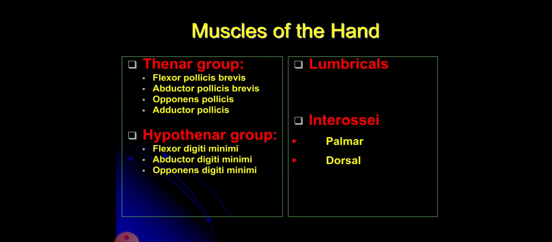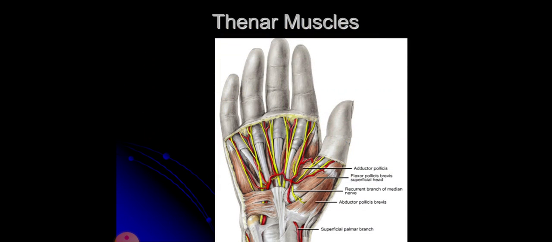Muscles of the hand are divided into 4 groups: thenar, hypothenar, lumbrical, and interossei. The interossei are also divided into 2 groups: palmar and dorsal interossei. Thenar and hypothenar groups carry the same names: abductor, flexor, and opponens.